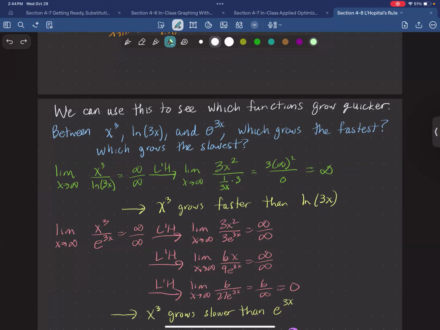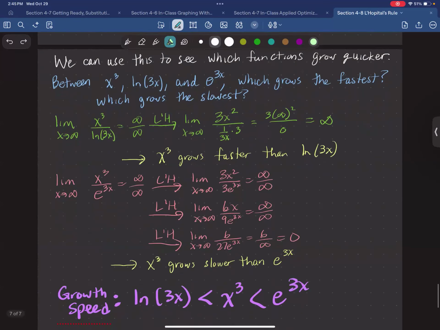If I put them in order, it means x cubed was bigger than natural log of 3x, but slower than e to the 3x. If this showed x cubed was faster than both of these, I would need to do another comparison. But as it is, I can put them in order. Natural log of 3x is less than x cubed, which is less than e to the 3x. I will make a note of that here, though.